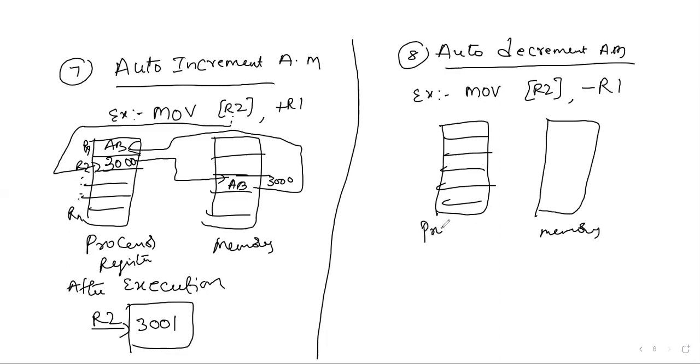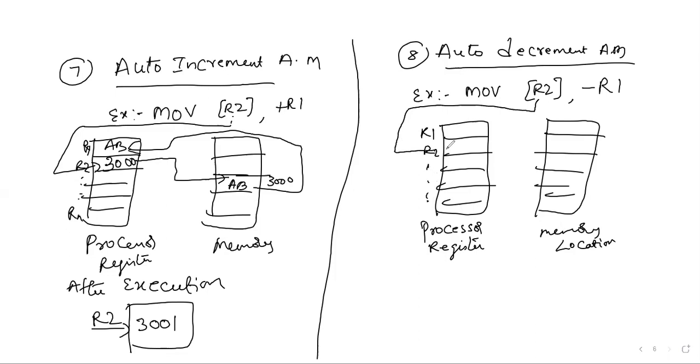It will go to processor register R2, which is having 3000. Now it moves to memory location 3000, which has the data 67. This 67 is moved into the R1 register.